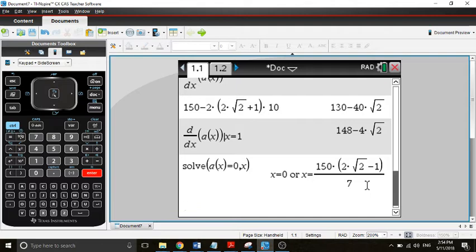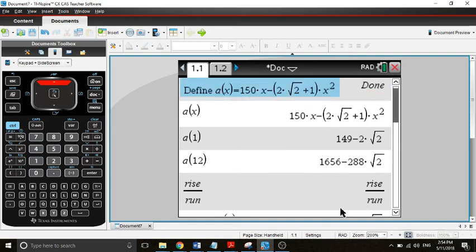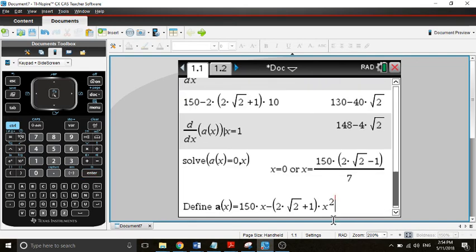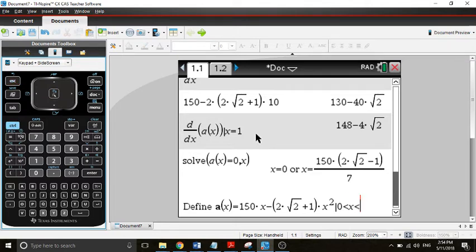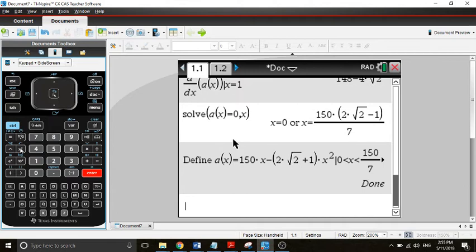Then we can redefine that function. We'll say define A of x, given 0 is less than x less than 150 divided by 7 times 2 root 2 minus 1.